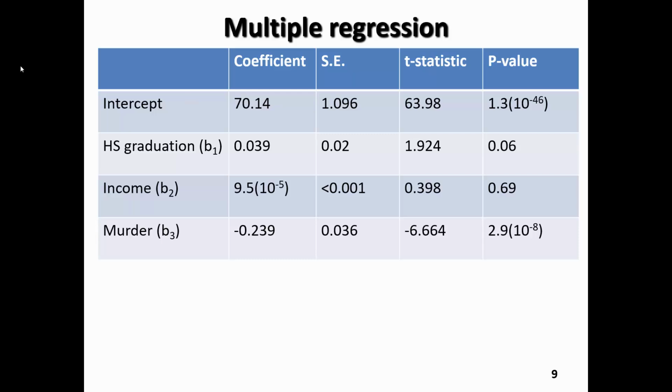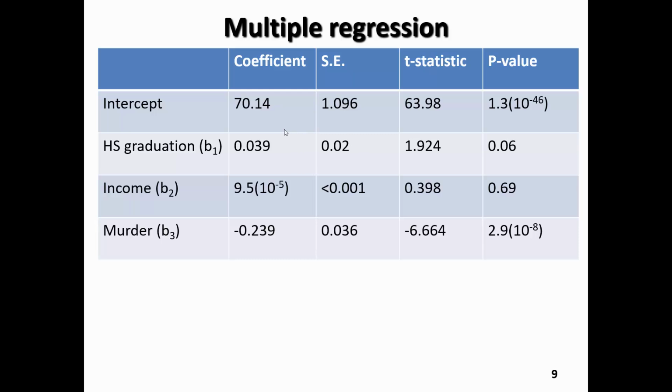And we would have an intercept coefficient of 70.14 years, plus minus 1.096 if all the x variables were set to 0. Now you note that 70 is much larger than 0, so this gives us a very large t-statistic and a very small p-value. So we would state that this intercept is a statistically significant coefficient.